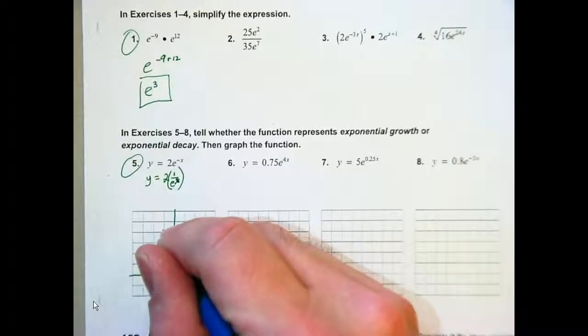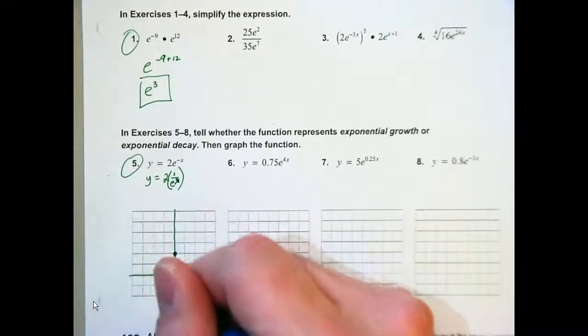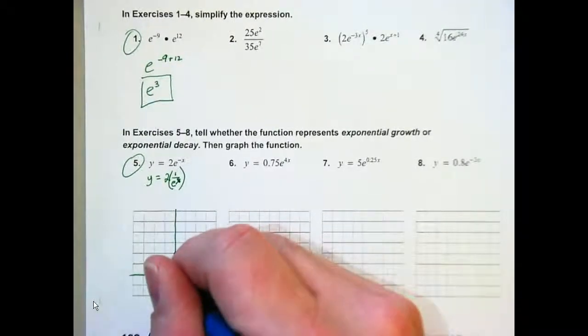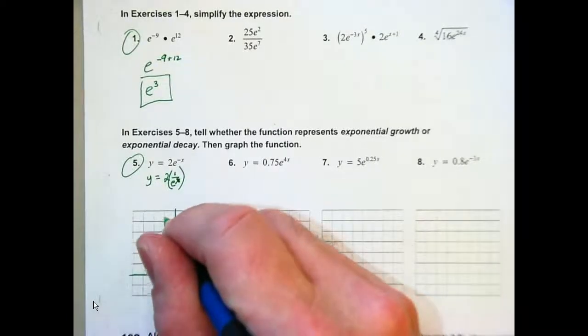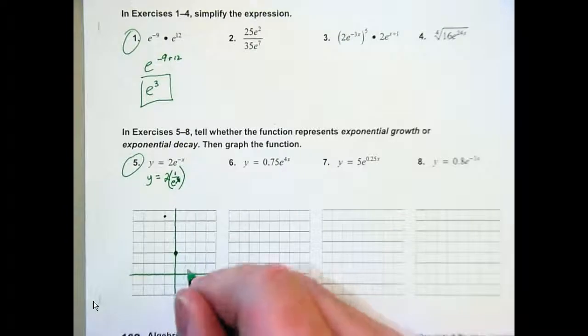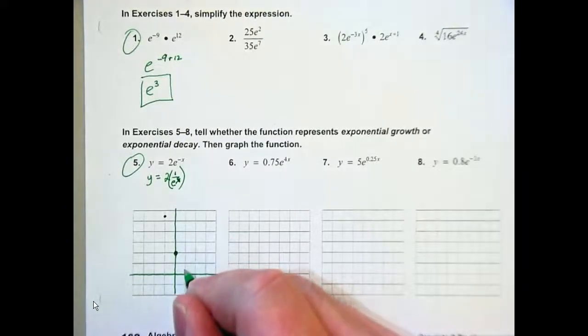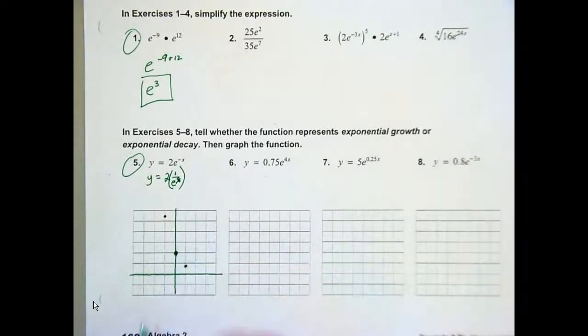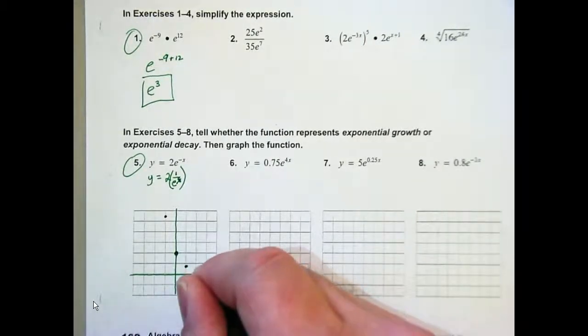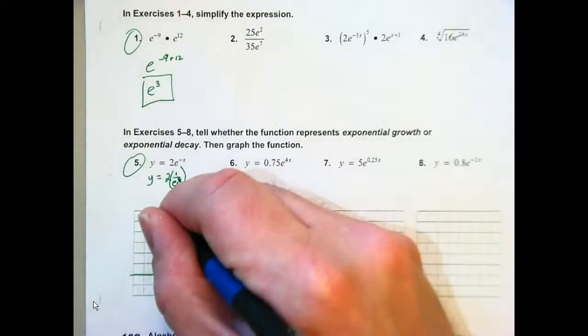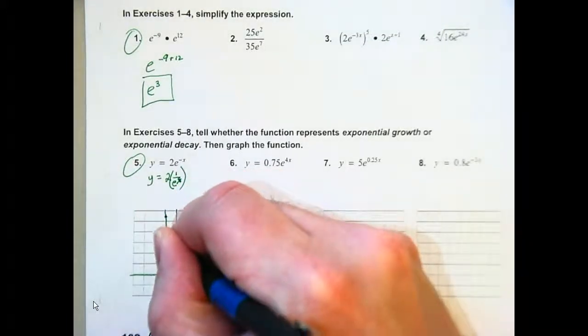Okay, anyone else have that? Positive 1 is 0.74. I think the next one's right about down there. 0.27. Thank you.